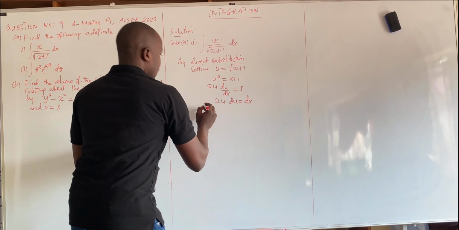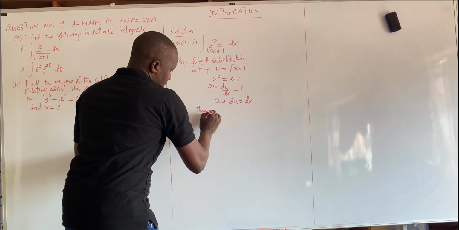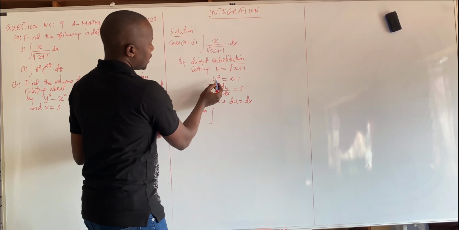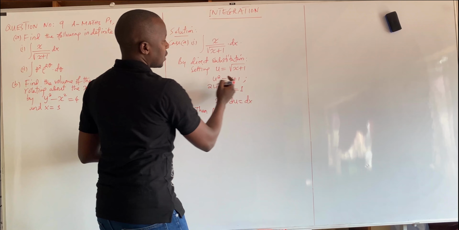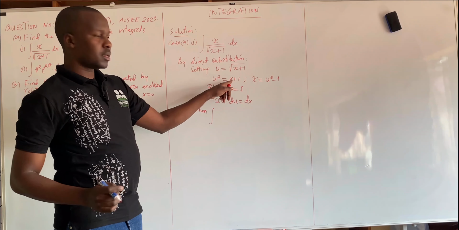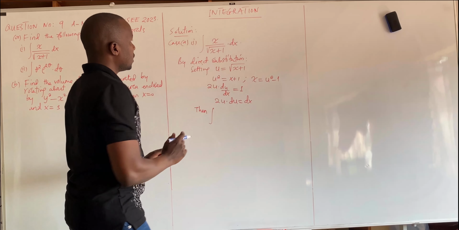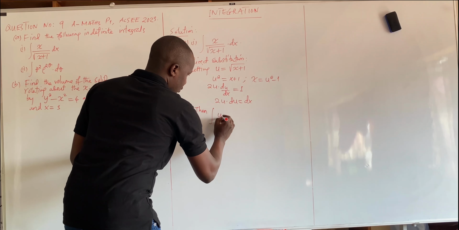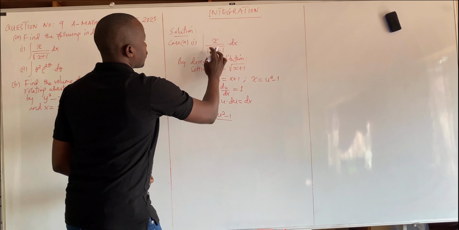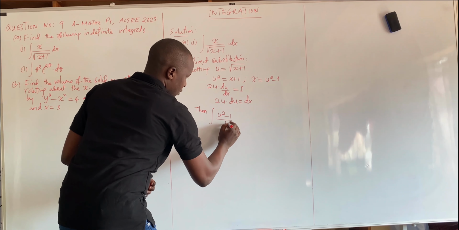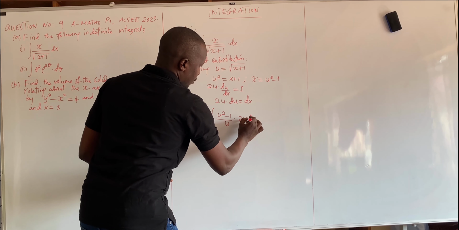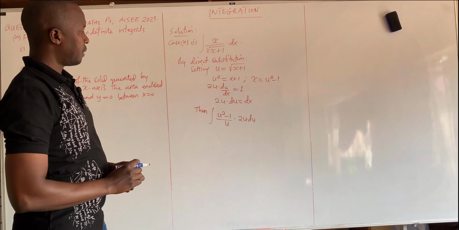Now the integral has x, but if we make x the subject, x becomes u squared minus 1. So we substitute x as u squared minus 1, over the square root of x plus 1, which we know is u, and dx becomes 2u du.